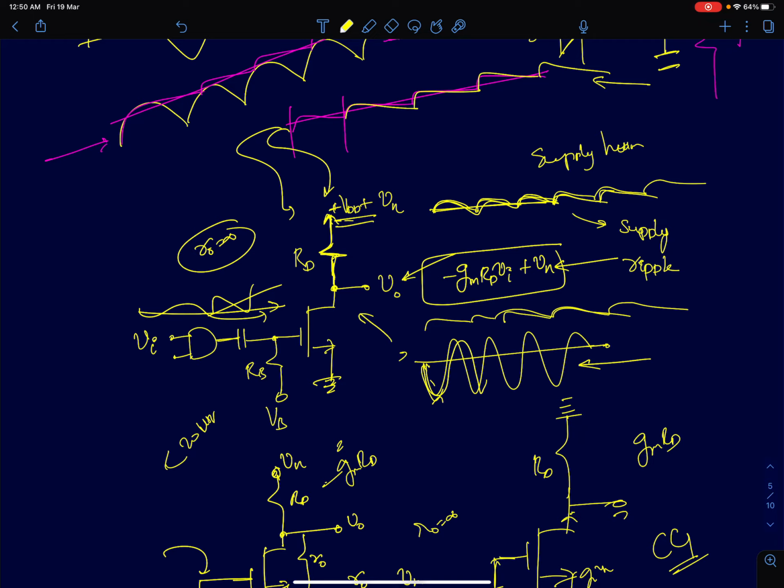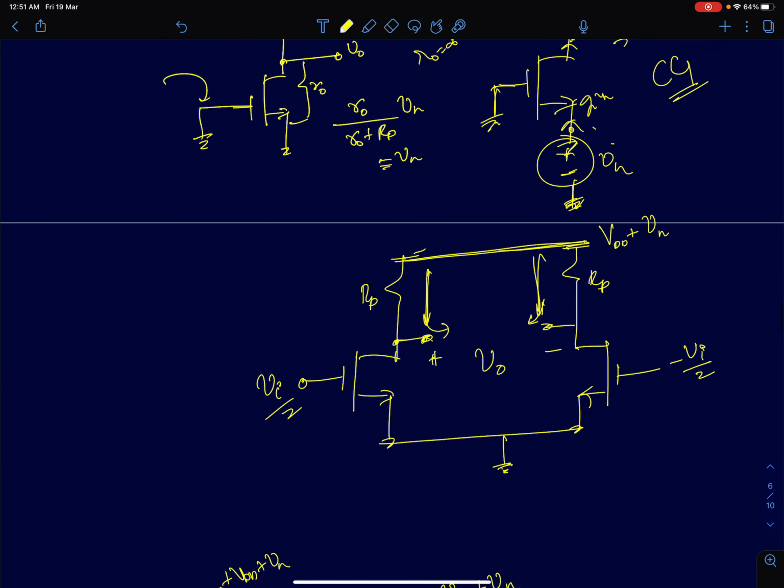Now is there a way to fix this? Is there a way to reduce this supply noise by doing some manipulations on the circuit? That's what we'll try to answer, and I'm just telling you that differential pairs are an answer to that. So to do that, I'm going to take two identical amplifier circuits.